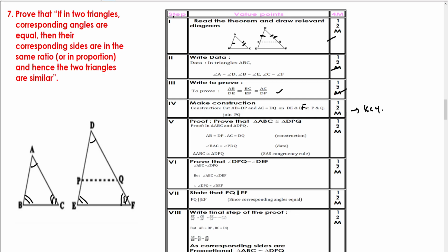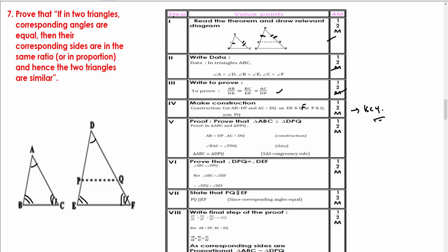On DE and on DF, the points where it cuts will be P on DE and Q on DF. This is the key work you have to do. Now, in the fifth step, for this you will get half a mark, thus you got 2 marks, and the remaining 2 marks will be given for the remaining steps of the proof.